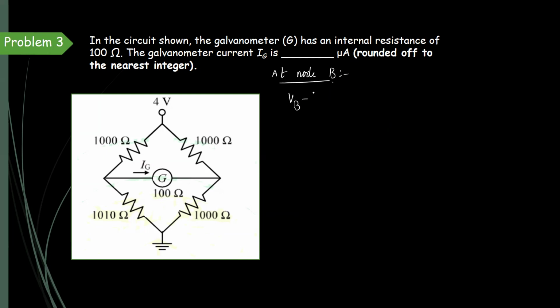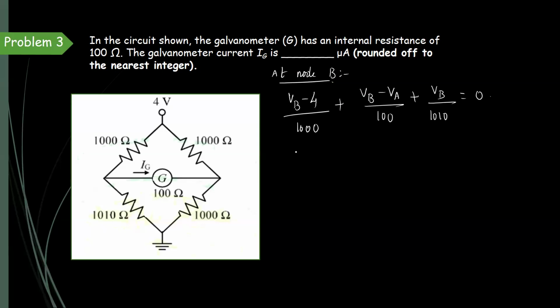So (VB minus 4) by 1000 plus (VB minus VA) by 100 plus VB by 1010 equals 0.